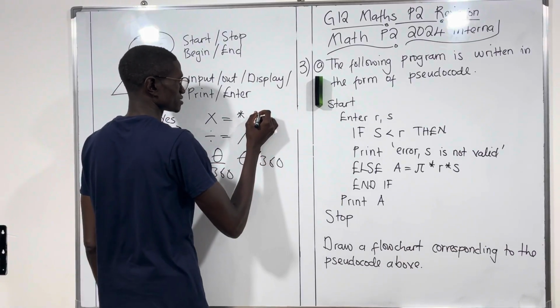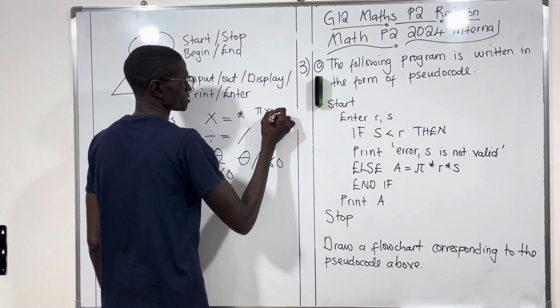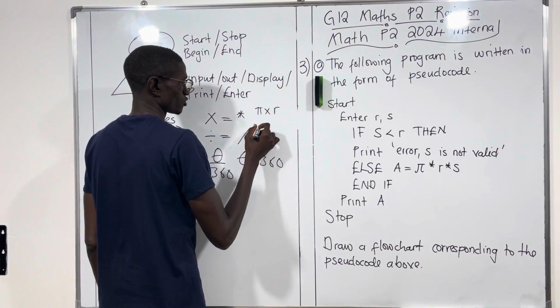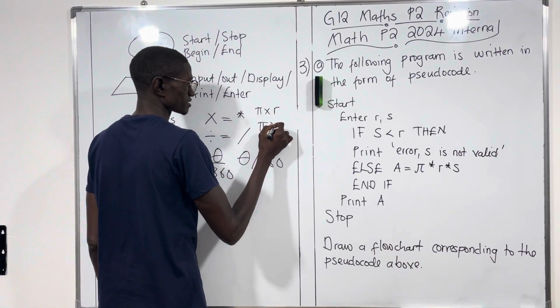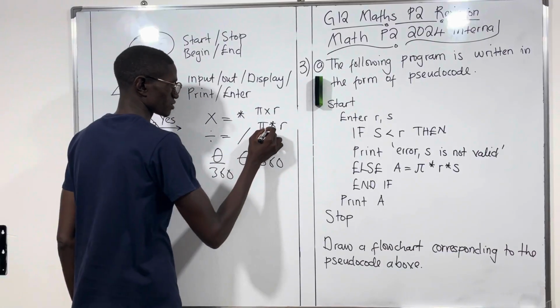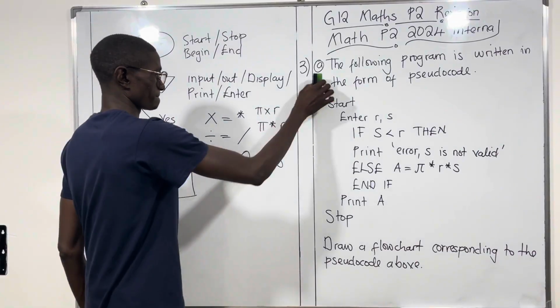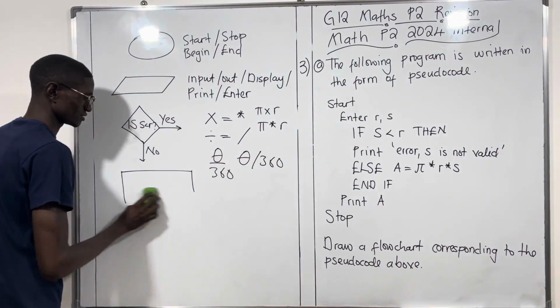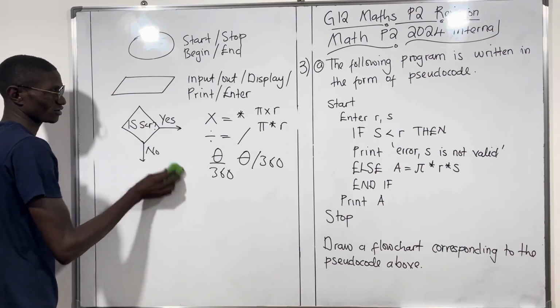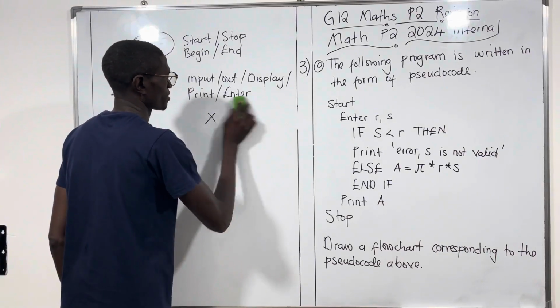If you want to write pi times r, you say pi asterisk r. The asterisk, you write it a bit up. It's more like a superscript, almost like a power, but slightly lower than the power.